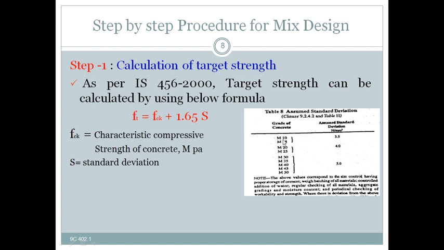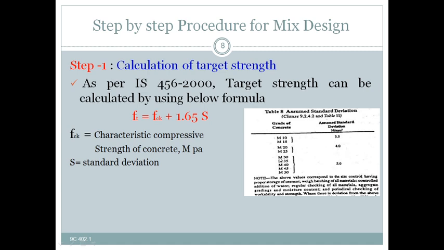If you are designing for M10 and M15, then while calculating target strength you can use the standard deviation as 3.5. If you are designing M20 and M25, you can take the S value as 4. If you are designing grades of concrete from M30 to M50, you can use the standard deviation value as 5.